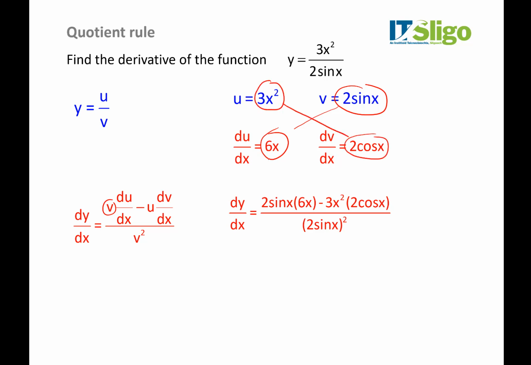That's the top line: v du/dx minus u dv/dx. Then on the bottom, it's v squared.